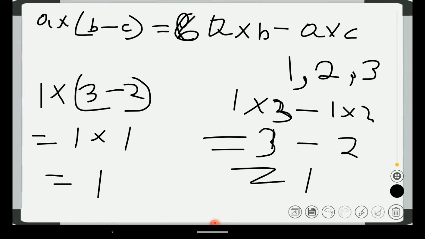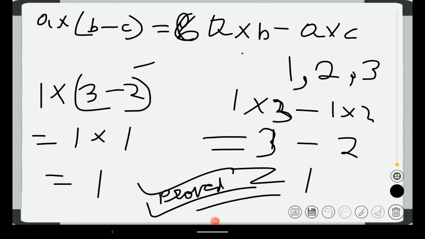So these two are following the distributive property. So I have proved that to you.